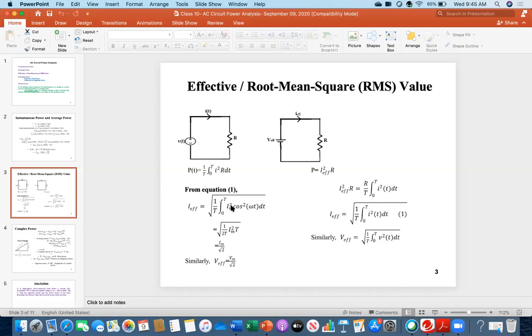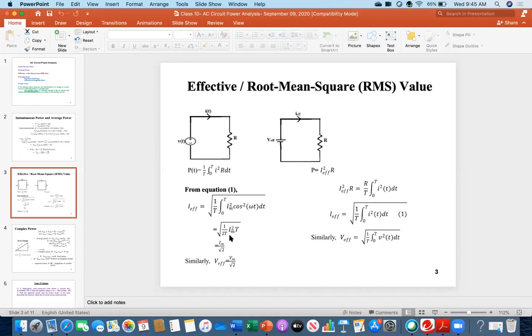Because I need the 2 here, accordingly I have to put 1/2. That's why you are seeing the half here. After applying the trigonometric identity, if you integrate, your cosine 2 term will become the sine term, and that term will be 0. Ultimately, you will be getting T after putting in the limits.